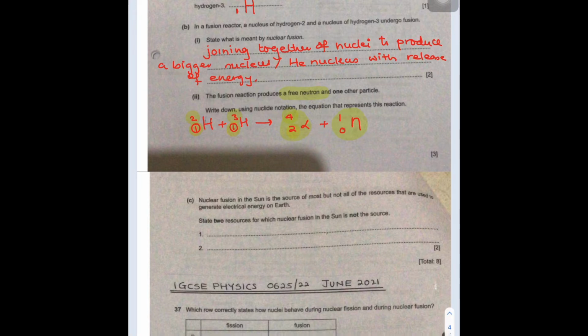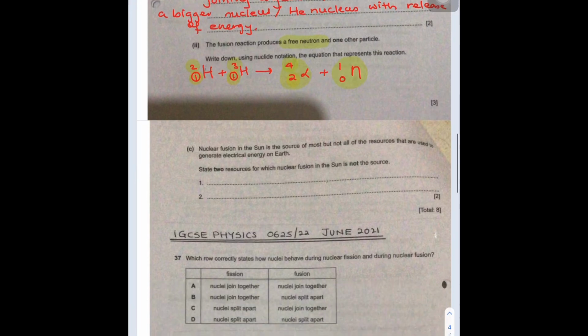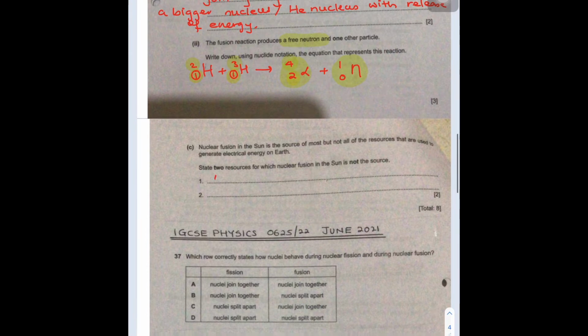State two resources for which nuclear fusion in the sun is not the source. So it's geothermal energy, right? Then the other one is tidal energy, tides, right? And third is nuclear energy.